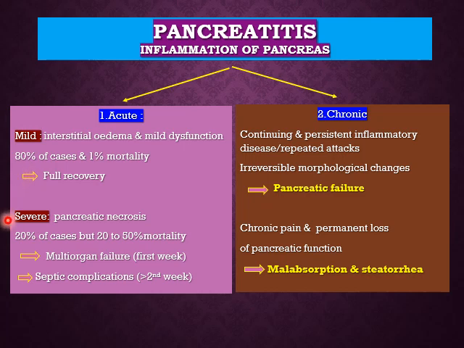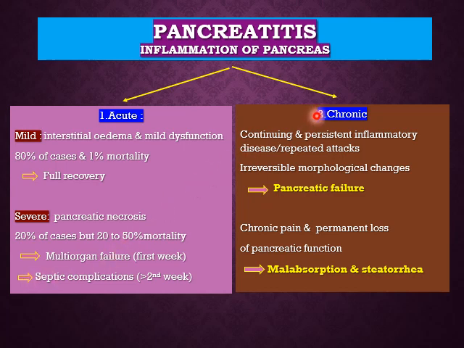In severe pancreatitis, apart from inflammation, there is also necrosis of the pancreas. About 20% of cases belong to this severe form, and the mortality can rise as high as 20 to 50%. These deaths are usually due to multi-organ failure in the first week and septic complications after the second week.